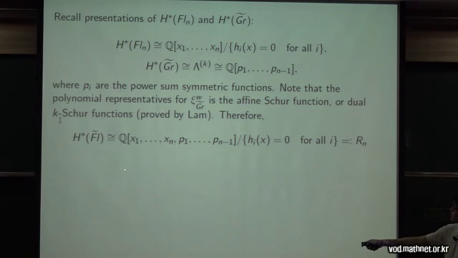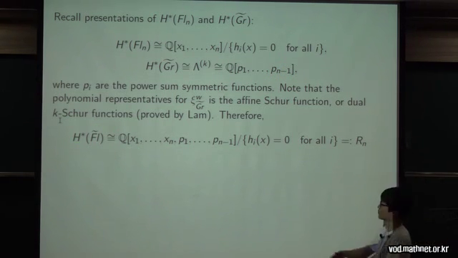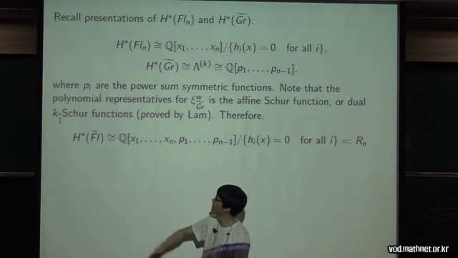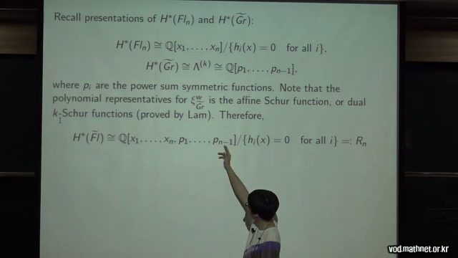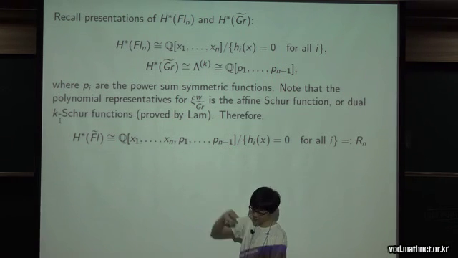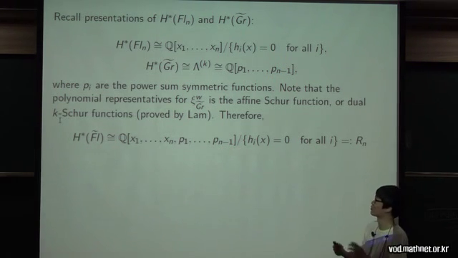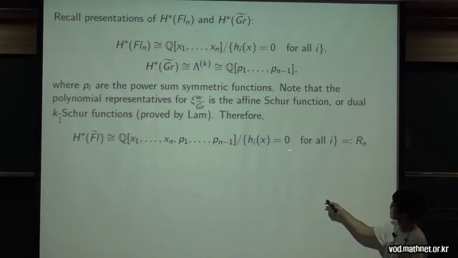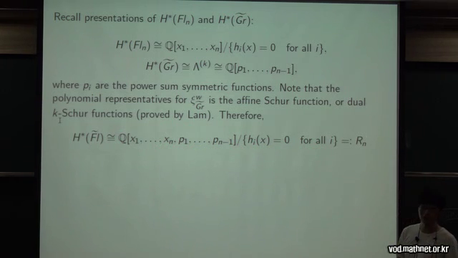And then the cohomology of the affine flag variety is a tensor product of these two rings, and you have the generators x1 through xn, which are degree 1, and we also have generators p1 through p(n minus 1). But the degree of pi is i, as you can see, since they are power sum symmetric functions of degree i. And we only have relations between the xi's, but none among the p's.